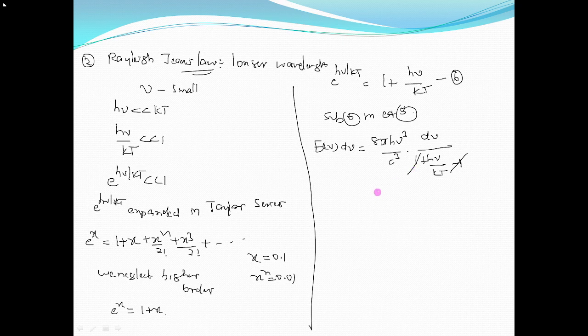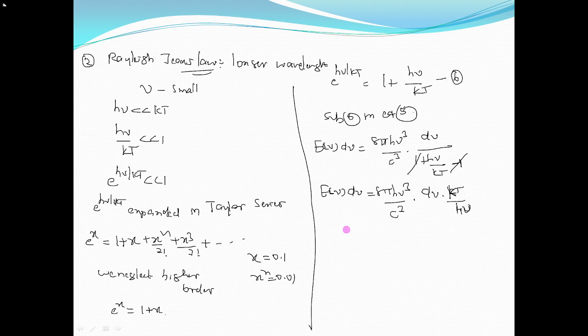So plus 1 minus 1 gets cancelled. You'll get E nu d nu is equal to 8 pi h nu cube by c cube into d nu into kT by h nu. The denominator term becomes numerator.